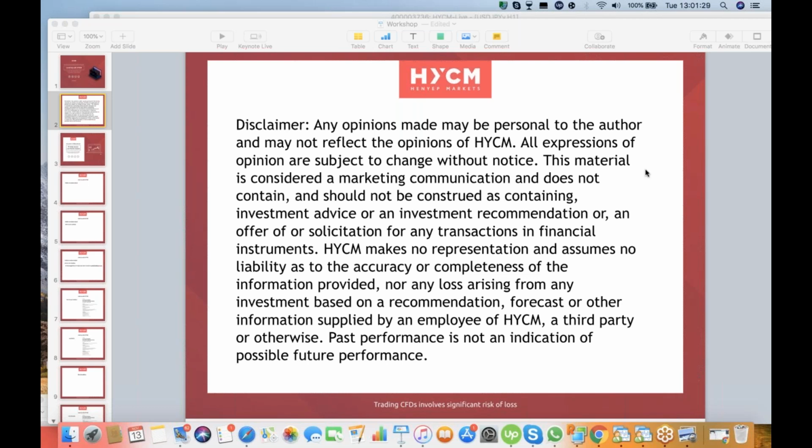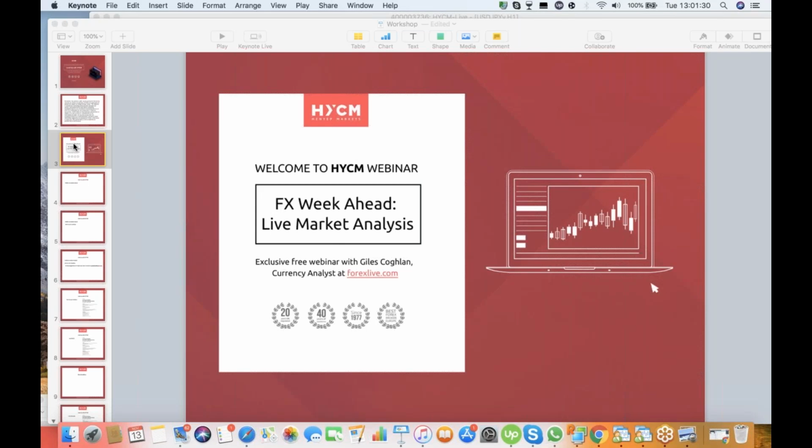The other thing to make clear is if you look on your GoToWebinar panel, you should see at the bottom a little tab called Handouts. If you click that Handouts arrow, you should see a handout which says Workshop Guide 13th of November. Can you make sure that you can see that? If you can't see that workshop guide, please let me know in the questions panel.